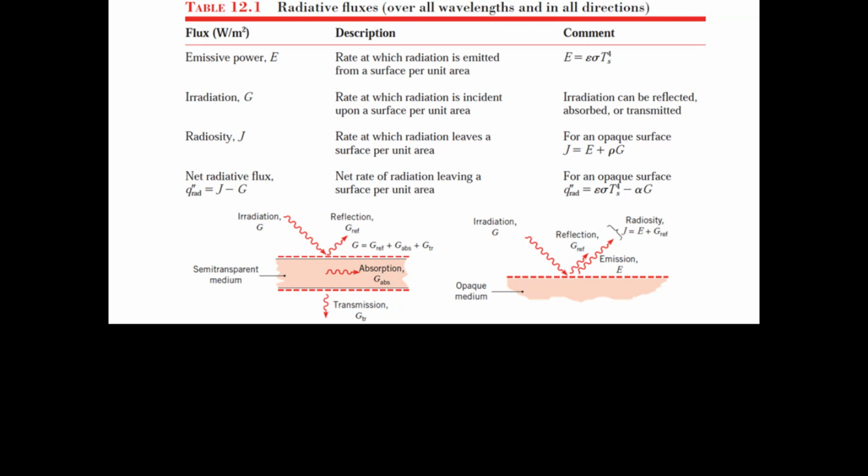This is essentially a Q out of a balance, right? Energy out. And then the net radiative flux, right, irradiation is what comes in, Q in, this is the Q out, and the net radiative flux is whatever is going out, in whatever ways it goes, minus what came in, right?